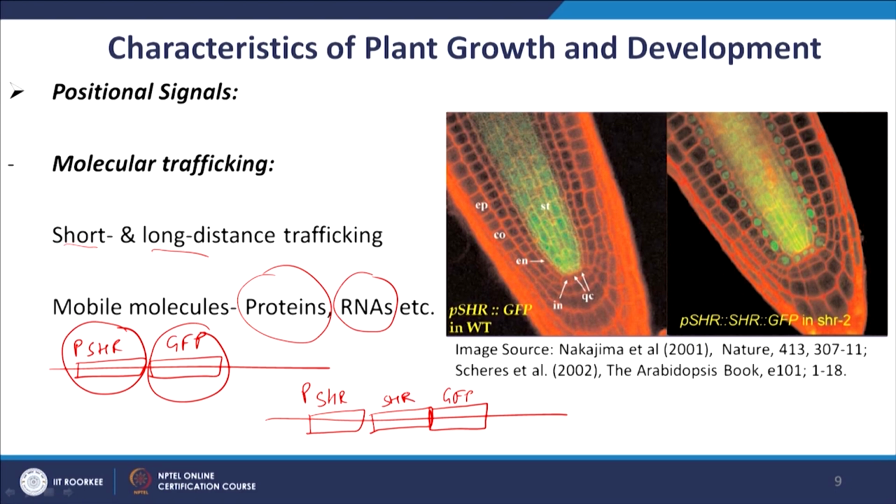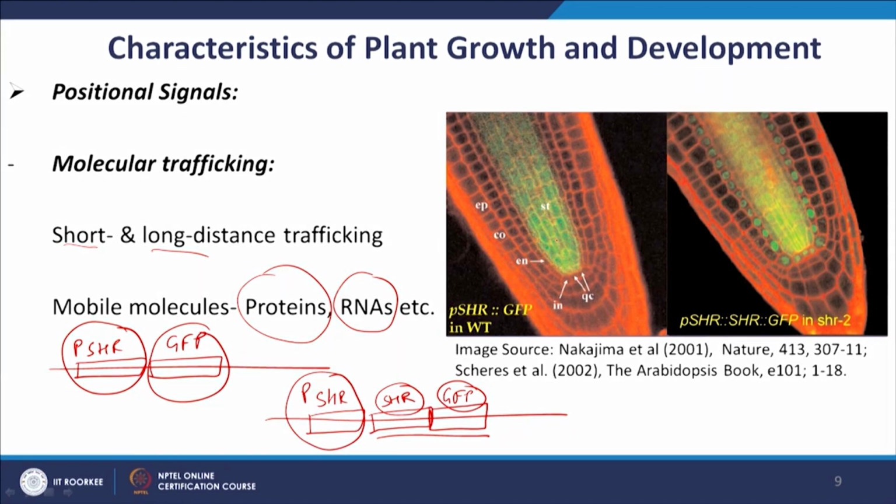So, here the first thing is that the promoter will ensure the domain of expression and the GFP will ensure the localization of the short root protein. If you compare these two, in the transcriptional fusion, you see just the domain where the gene is getting transcribed.